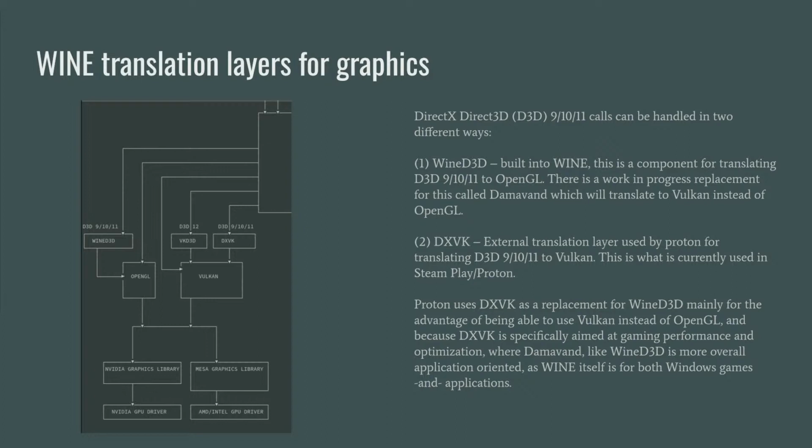It's more so meant for if you want a game, but you also want to try and run basic Windows applications, because we know that Wine itself is not just for games. And that's why Proton specifically uses DXVK rather than using the Damavan backend. So yeah, that's what I was explaining there. Now that you know about Damavan, that's why we use DXVK instead of Damavan.